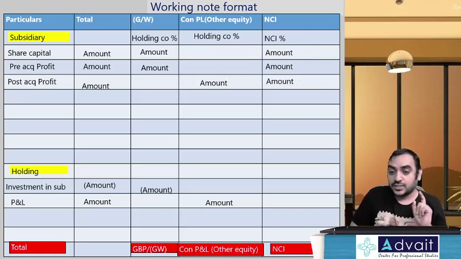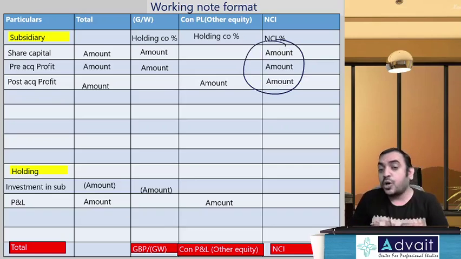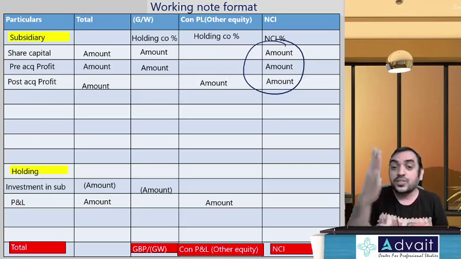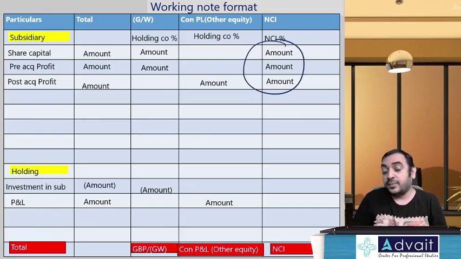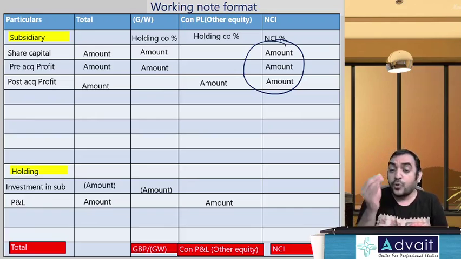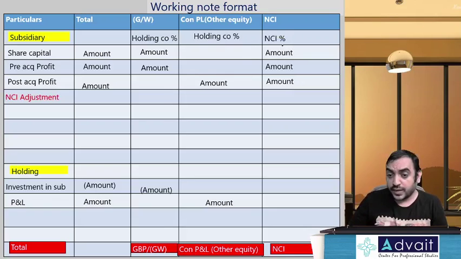Now, please tell me this. For proportionate calculation, which of these three amounts will be considered? For proportionate NCI calculation, will I consider 2 or all 3 elements? I will consider only the first two, right?